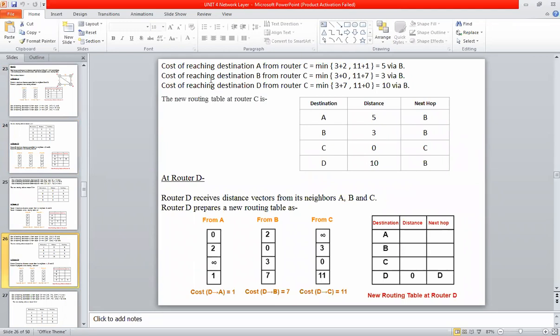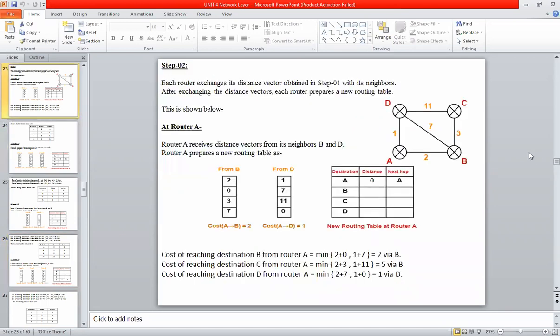Similarly, you have to write the cost of reaching destination B from router C. We have to reach router B from C. So here, C to B is 3. Then C to D and D to B, 11 plus 7, that becomes 18.